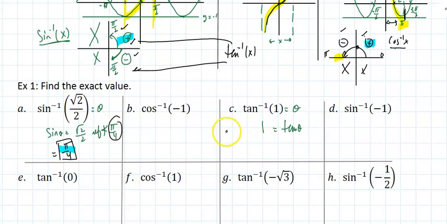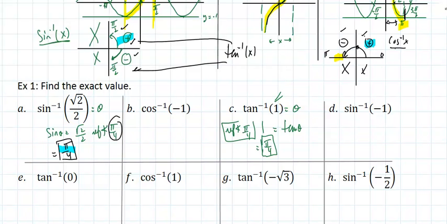Well, we know the reference angle is also pi over 4 because tangent of pi over 4 is 1. And if it's positive, I'm in quadrant 1, so it's always the reference angle. If it's inverse sine or inverse tangent, it's negative of that if this is negative, and if it's inverse cosine, quadrant 1 or quadrant 2.